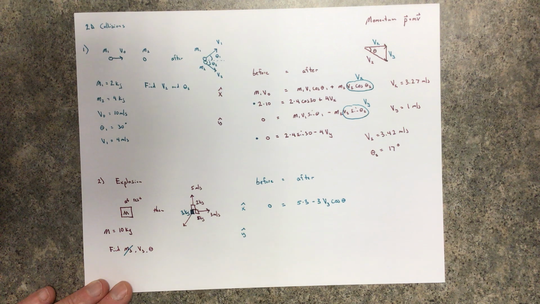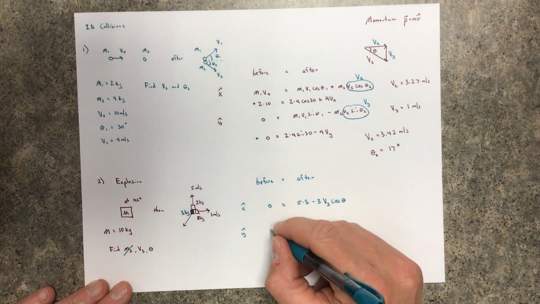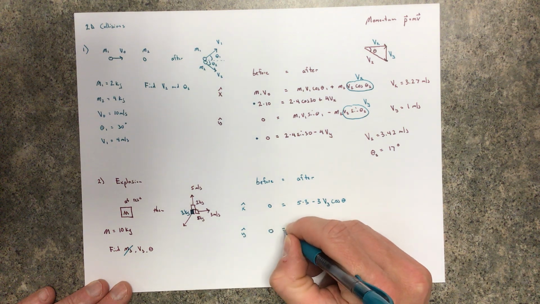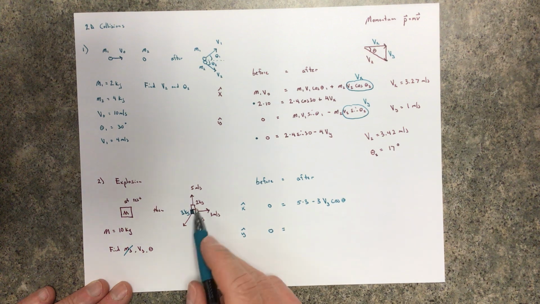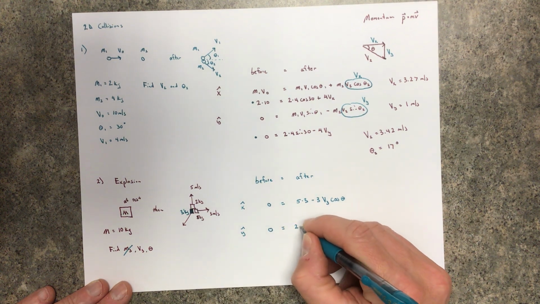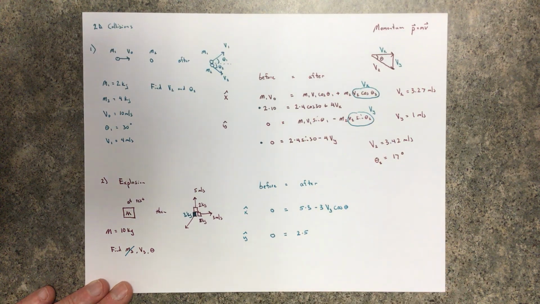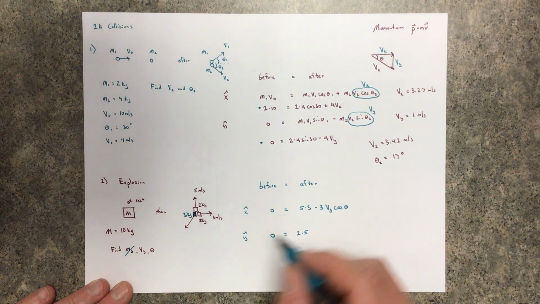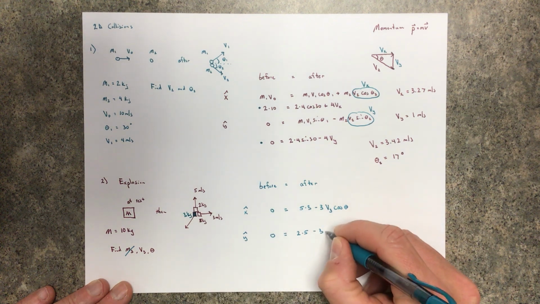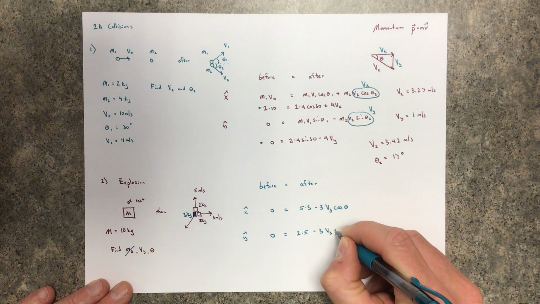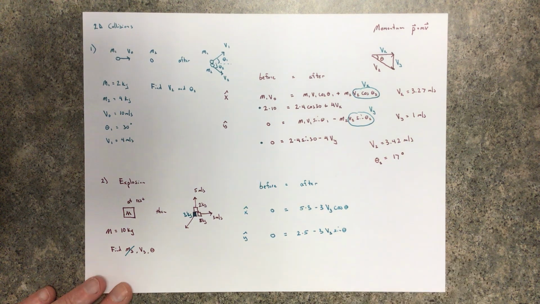In the y direction, there's nothing moving vertically at the beginning, so there's no momentum vertically. Then I have a 2 kilogram object moving 5 meters per second up, and then I must have some 3 kilogram object moving down at some speed, which is v sine theta.